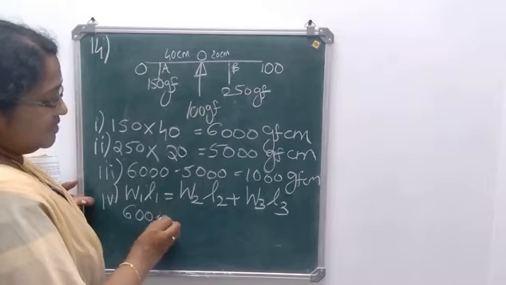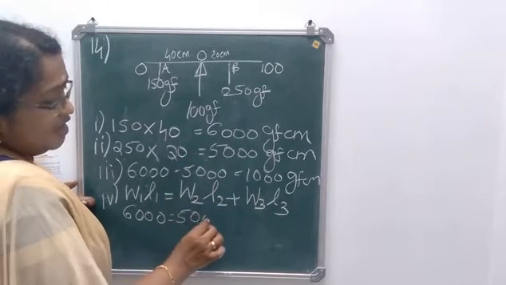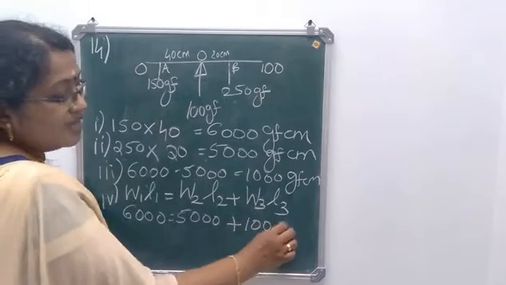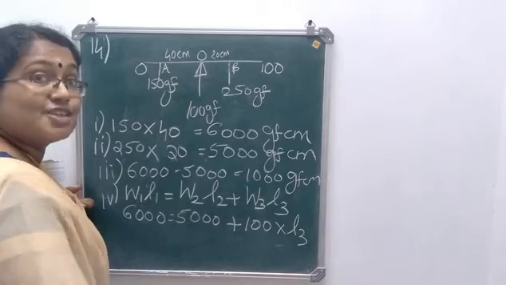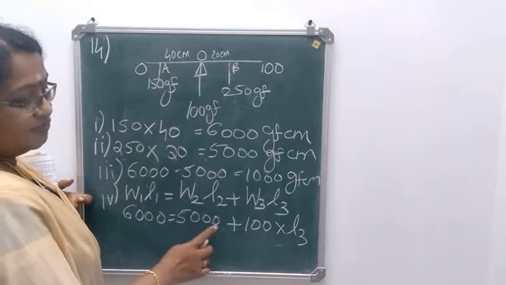W1 L1 is 6000, W2 L2 already we have calculated it as 5000. Now we have a weight of 100 gram force and we should find where it has to be hung. Now 6000 is equal to 5000 plus 100 L3.